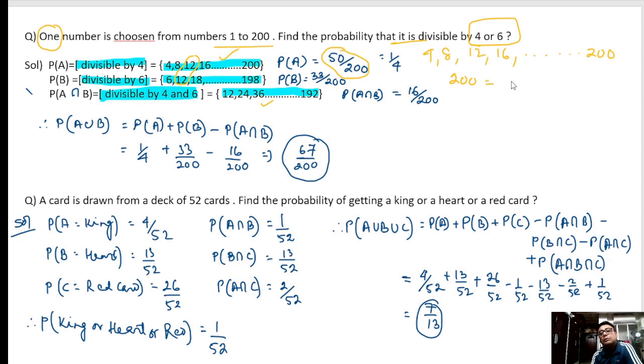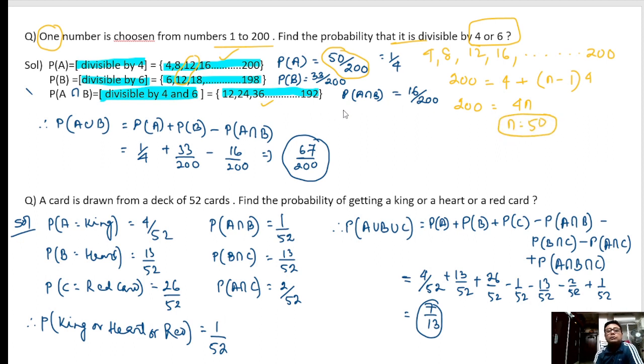So 200 is equal to a plus (n minus 1)d, and d is 4. So 200 is equal to 4 plus 4n minus 4, so n comes to 50.